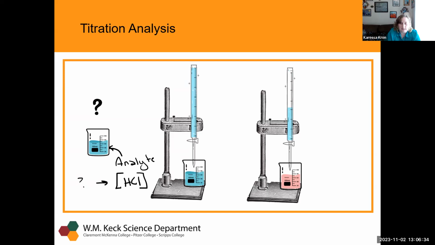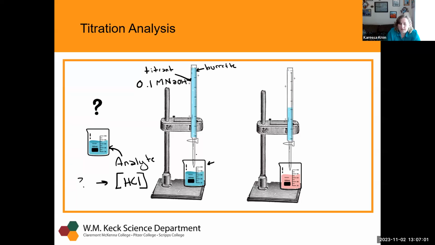The way that we do this is we put this analyte below our burette, our piece of glassware, and we add to this our titrant, which, for example, could be 0.1 molar NaOH. So it's something we know the concentration of.